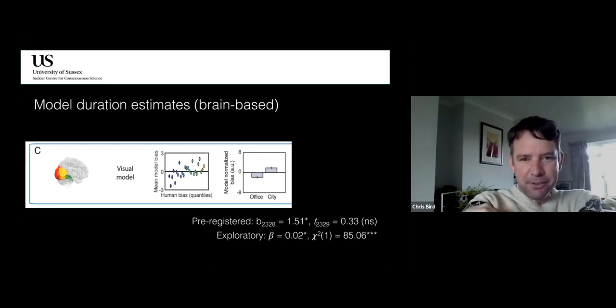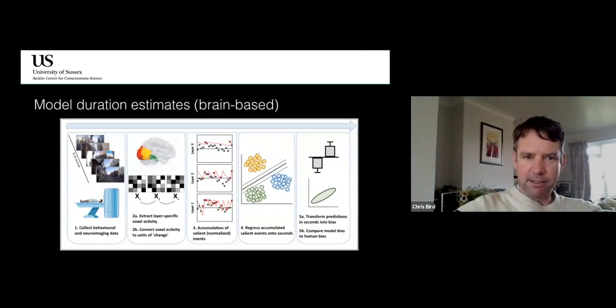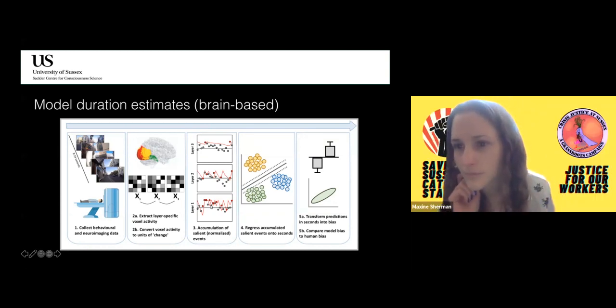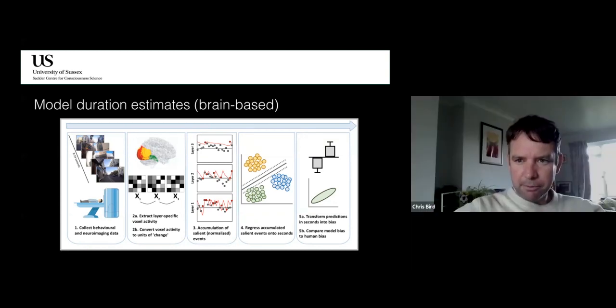When you were showing the method for the visual cortex, you've got one of your figures that shows the different levels. In number 3, accumulation of salient normalized events, you've got some events kind of schematically marked in red. I couldn't understand why they were in red, particularly in the middle bar.